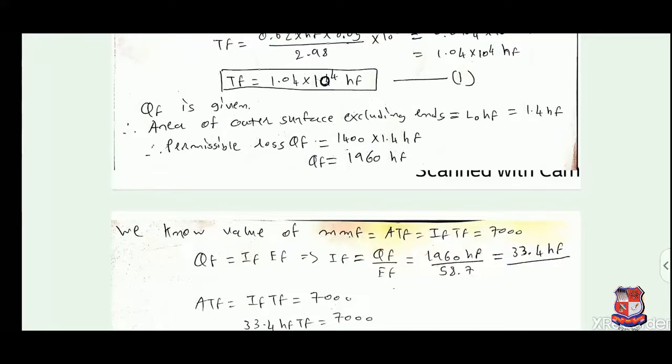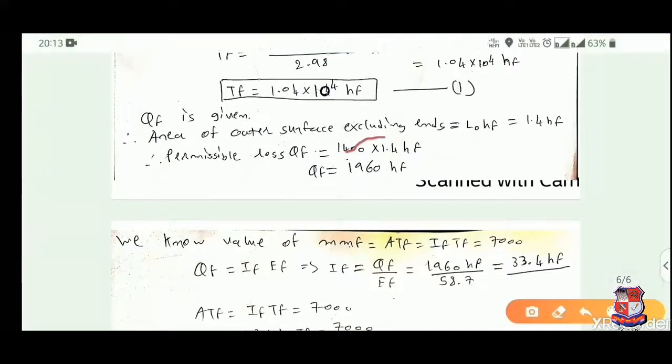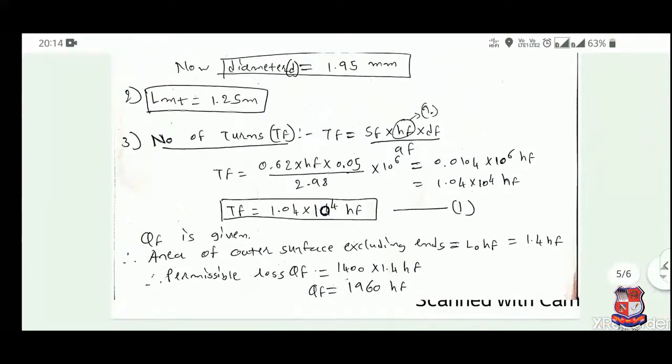Consider the heat loss: if the space provided for heat loss is more, the loss per area will be less, but here we are excluding the ends, so the surface area will decrease and the loss per area will be more. How much more? It will be 1.4 HF times 1400. So our new value of QF will be 1960 into HF.